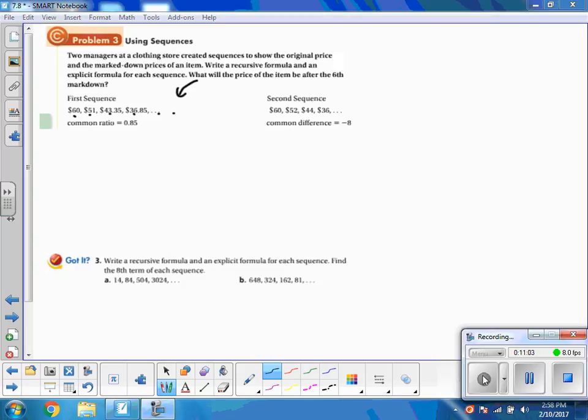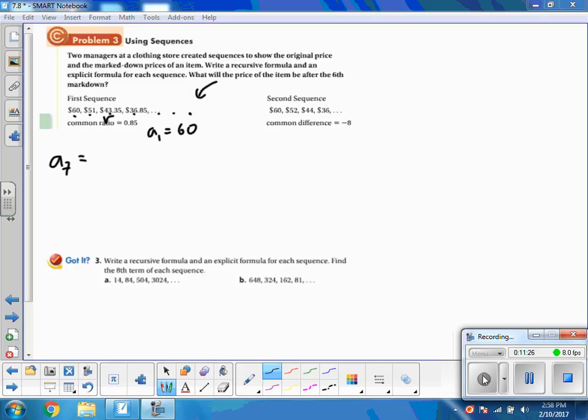All right, for each one of these, I'm going to use the explicit formula because I want to know after the sixth. So really, it's the seventh one that I do want. So I'm looking for the seventh term. And in the explicit formula, I've got my ratio. So there's my r, and my first term is 60.